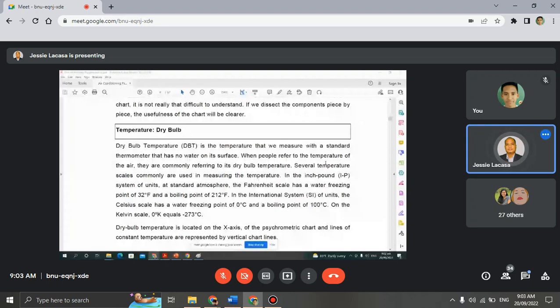Sling psychrometer. Kanang tuyok-tuyokon ninyo nga wit-wit, murag cloth na siya nga basa, no? Nga mo-absorb sa moisture sa air, nga tuyo-tuyo na ninyo.